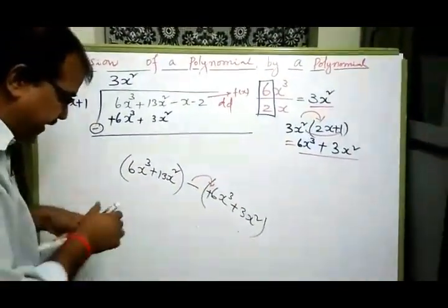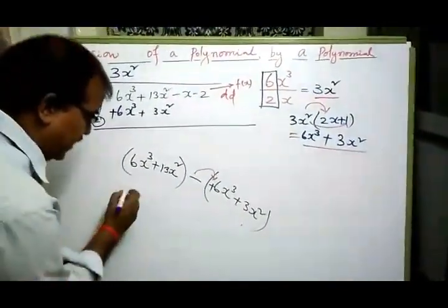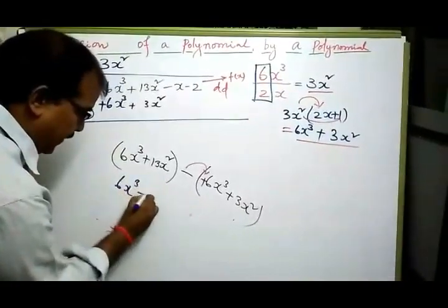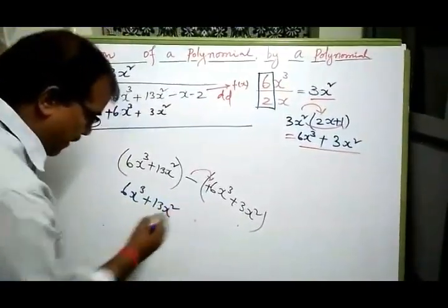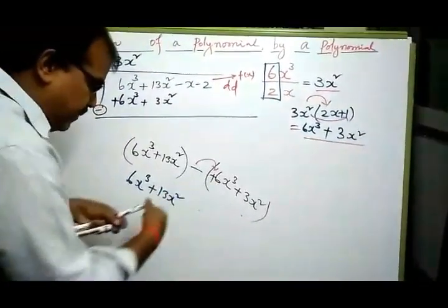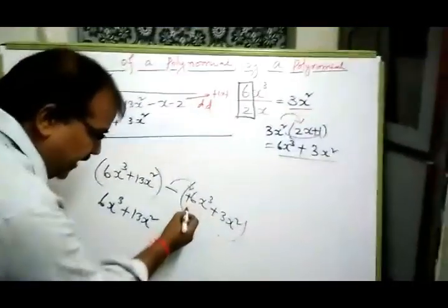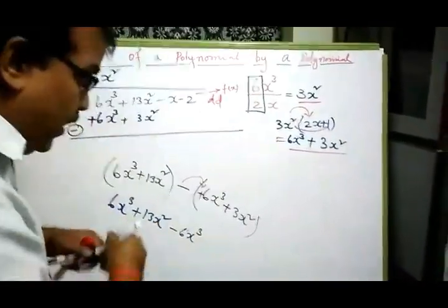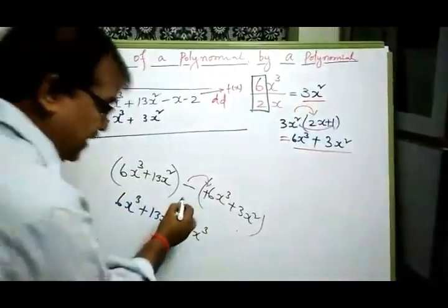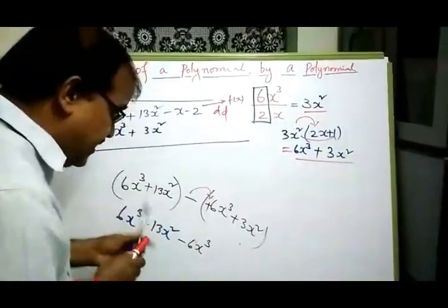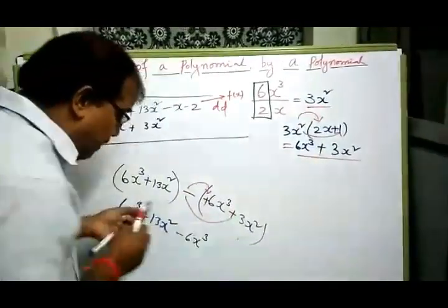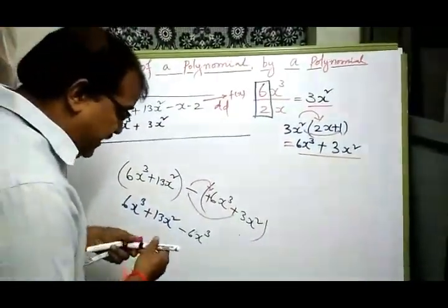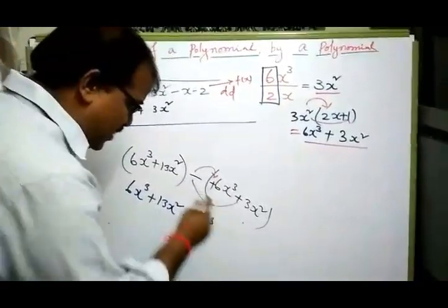So I write first the dividend: 6x cube plus 13x square. Because of this minus, this plus will be minus 6x cube. And because of that minus, this plus will be minus 3x square.